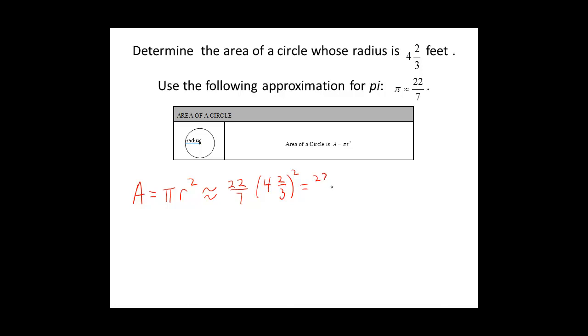So we have 22 over 7, and we're going to square 4 2/3. Let's change 4 2/3 from a mixed number to an improper fraction. 4 times 3 is 12, plus 2 is 14 over 3.